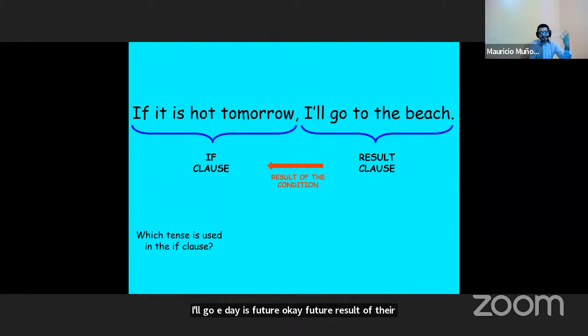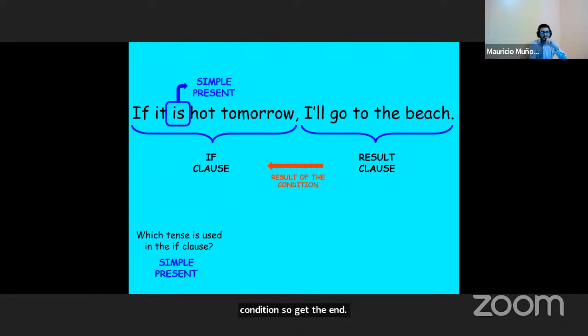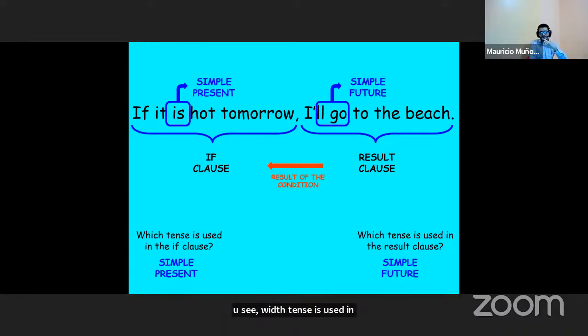So, what tense do the clauses use? In this context, in the first conditional, it is present simple. Period. Present simple. You see? Which tense is used in the result clause? Simple future. You see?